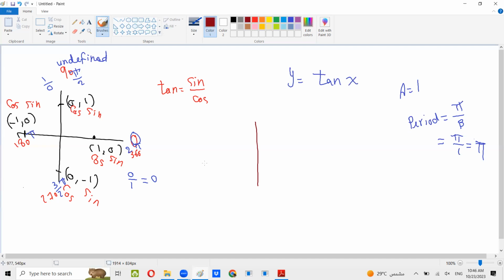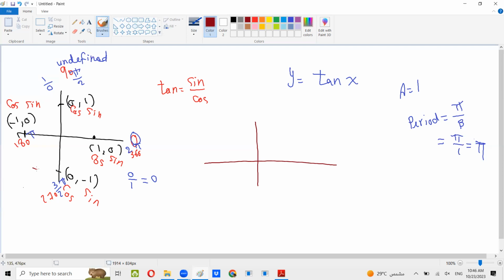But I want to graph it. I know that tan moves from the positive side and also from the negative side. Defined, undefined. So I will take this period, pi, half on the right side and half on the left side, because I will start from 0.